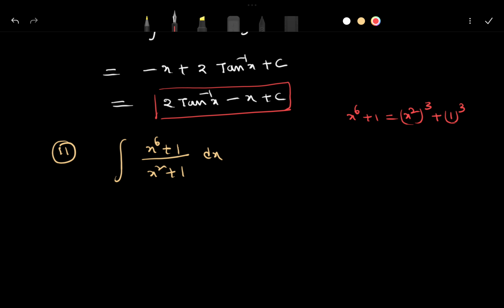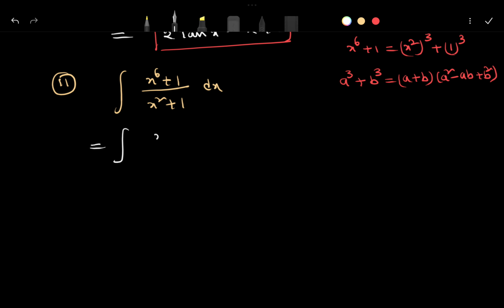Now this one is in the form of a cube plus b cube. You know the a cube plus b cube formula? A cube plus b cube you can write as a plus b into a square minus ab plus b square. According to this, we write integration of (x square) whole cube plus 1 whole cube by x square plus 1 into dx.